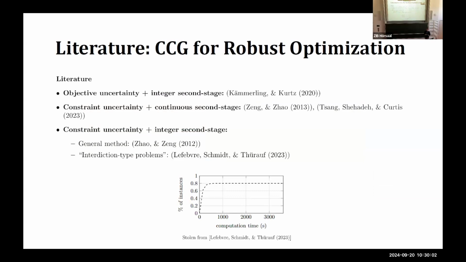Now, still this method is very, very slow in a certain way. There's a very nice picture which I stole from this paper here. What you see here is the percentage of instances you can solve with this column and constraint generation. And what you see is you can solve 80% very, very quickly, but then nothing happens anymore.